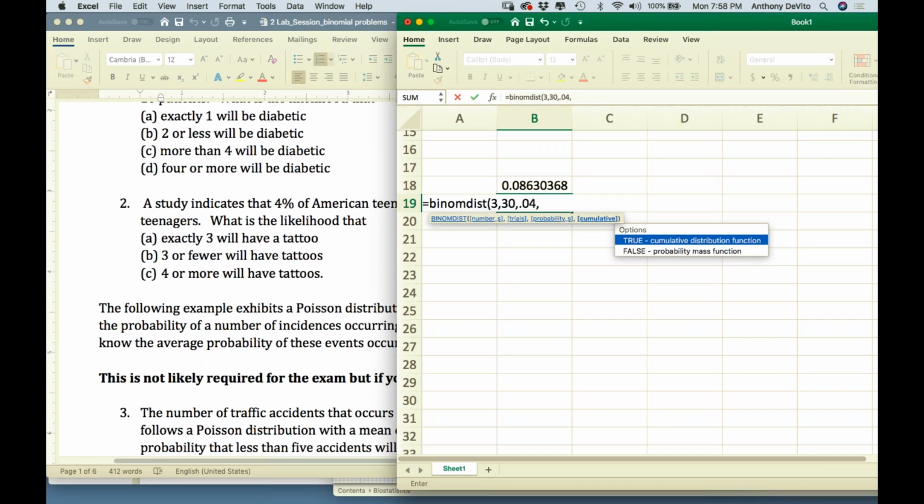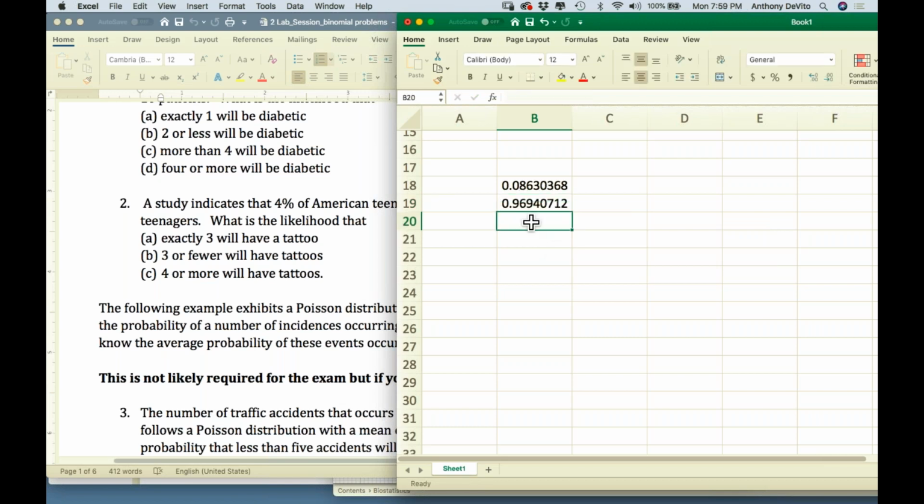So we want to see 3, 2, 1, or 0. So if I put in 3 here and say true now, it's going to give me the probability for 3 out of 30, 2 out of 30, 1 out of 30, and 0 out of 30, all combined. And that probability is going to be more than the 9% we had before. It's 97%, right? With 4%, you're covering almost all of the possibilities.